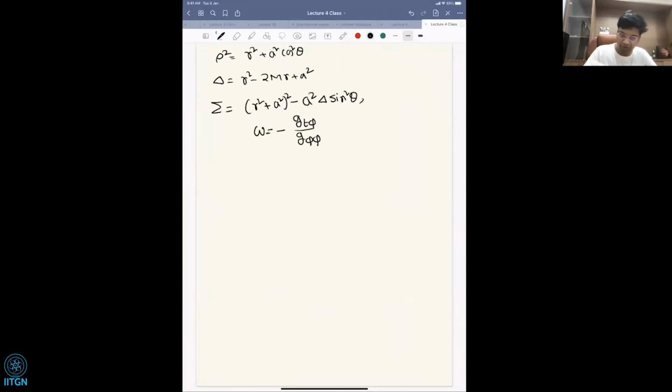In fact, you can simplify ω further, and it can be written as ω = 2mar/Σ.